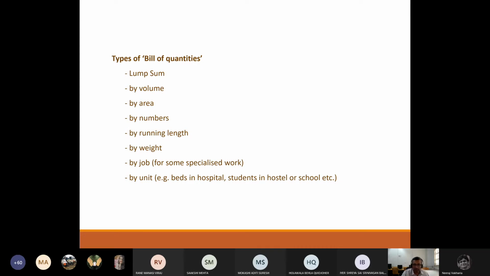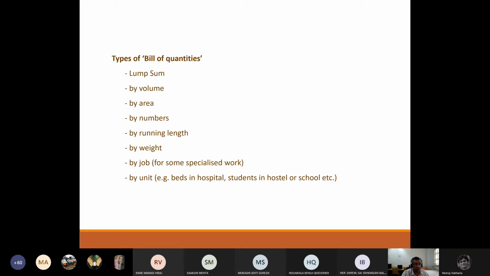Next comes volume, and then the most important are those in numbers. Naturally, number of tube lights, number of fans, number of basins, commodes, number of chairs, windows, doors. Some of the costing is done in numbers.